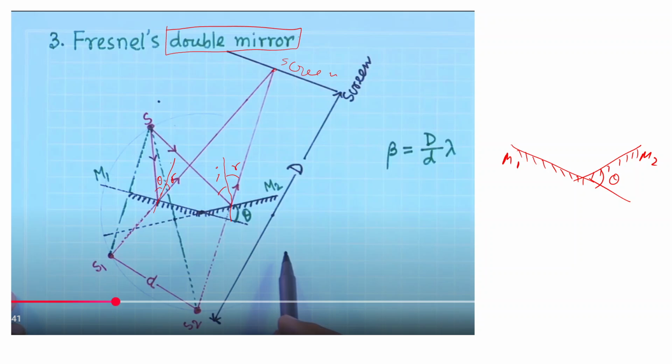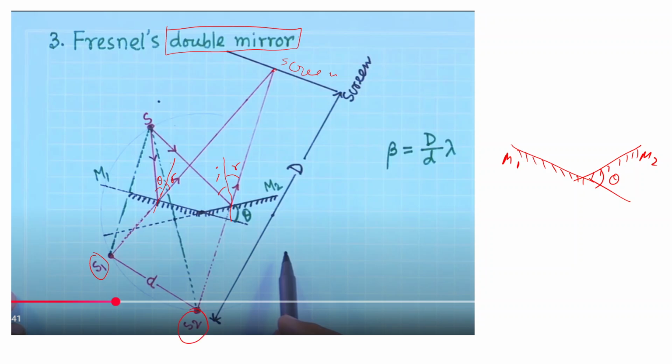Now since we know plane mirrors form virtual images, this is the object and its image. When we extend these rays back, we see that one seems to come from S1, and the other seems to come from S2.